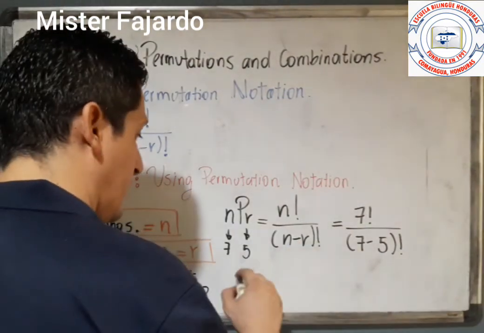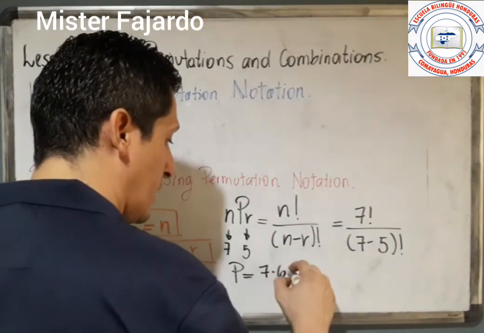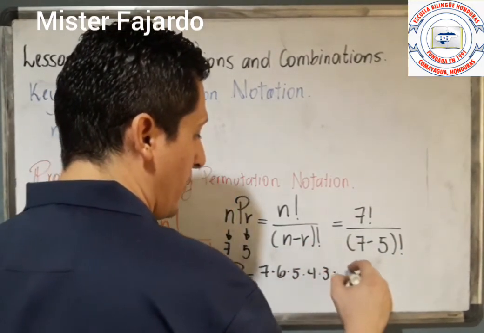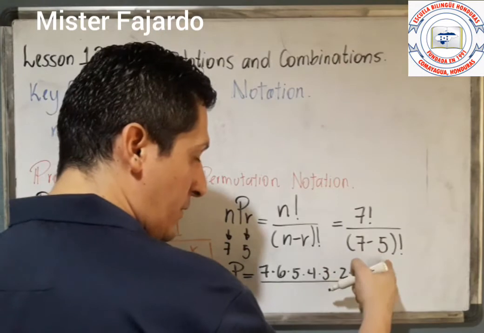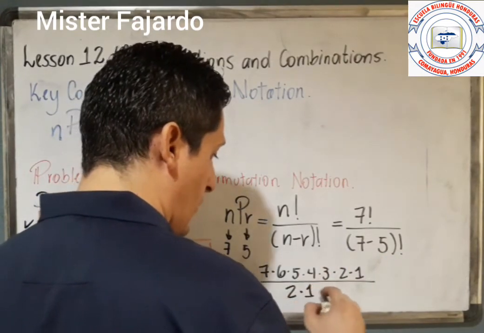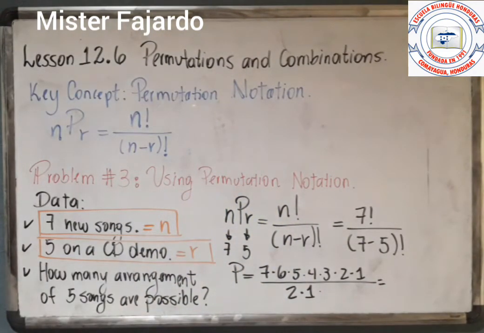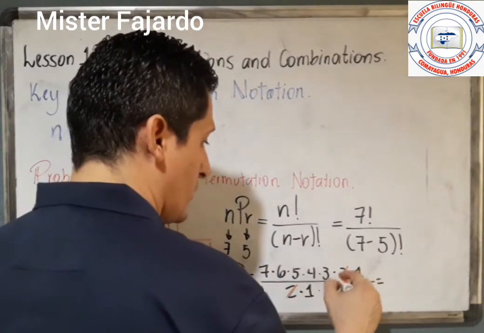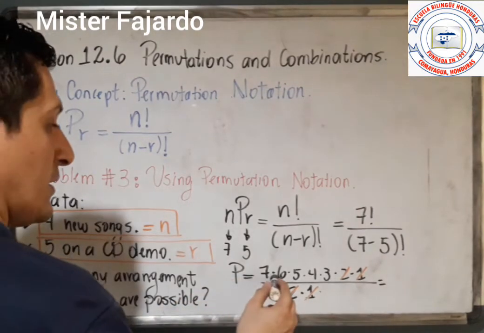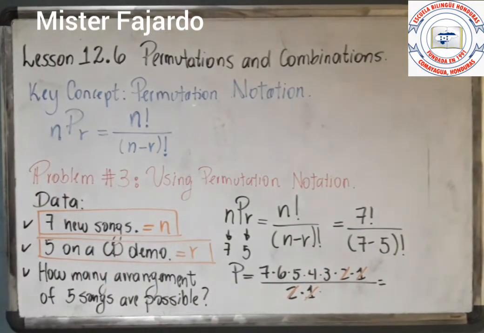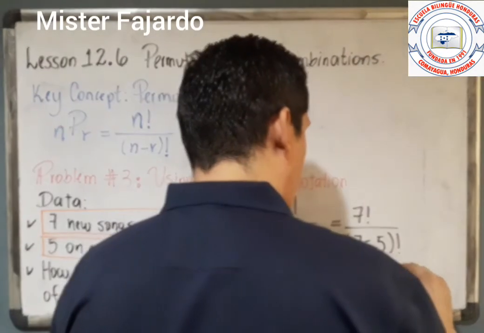That means P equals 7 times 6, 5, 4, 3, 2, and 1, divided by 7 minus 5, which is 2, and 2 factorial is 2 times 1, okay? In the numerator and the denominator you can cancel the 2 with the 2, and the 1 with the 1. So you just need to multiply 7 times 6 times 5 times 4 times 3, and that gives us a value of 2,520, okay?